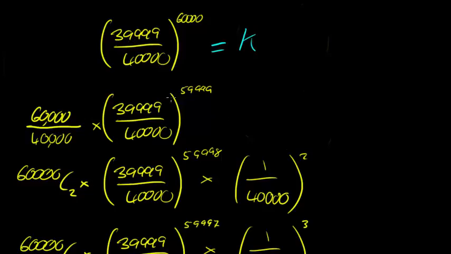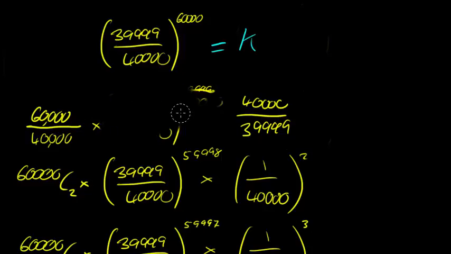However, I do need it to be like this, so if I change this to make it 60,000, then to get from that number to 59,999, I need to divide by 39,999 and times by 40,000. And then I have this section here, and this section, if you remember, well, that is just my value of k.